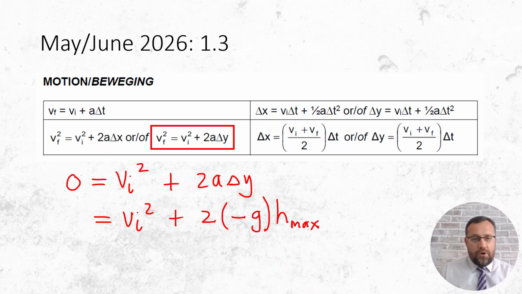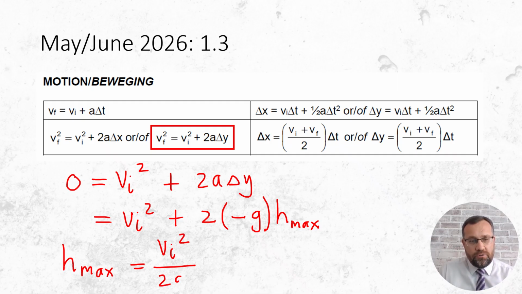We can then rewrite this as h max is equal to the initial velocity squared divided by 2g.